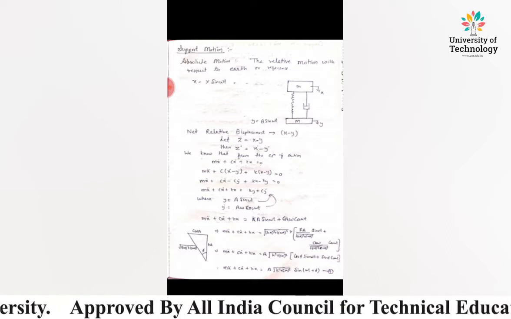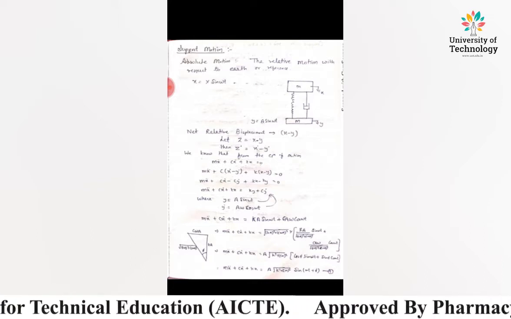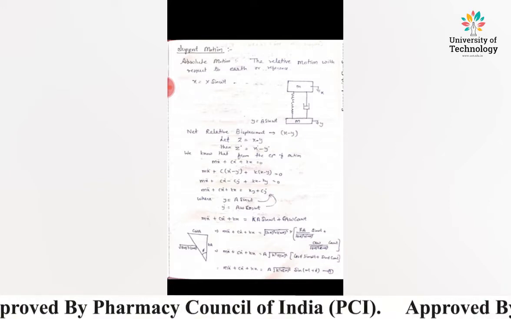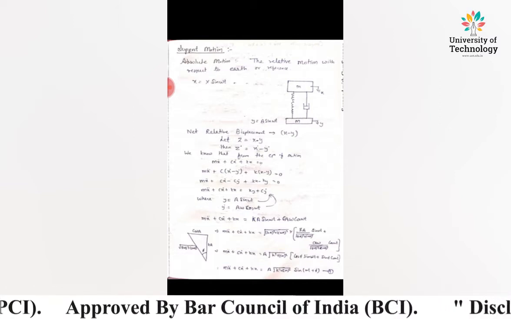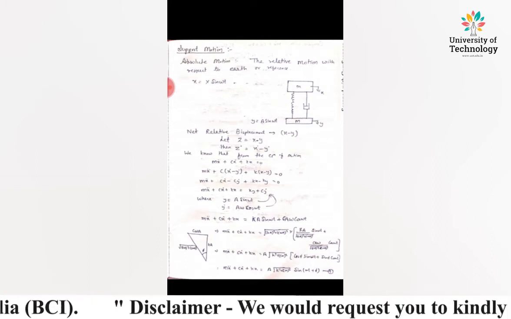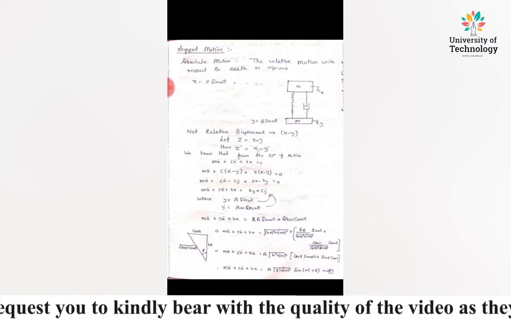Let the relative displacement be z, which is equal to x minus y, and the velocity z dot is equal to x dot minus y dot.